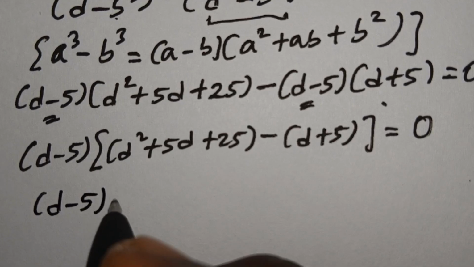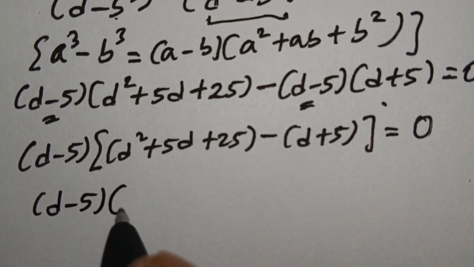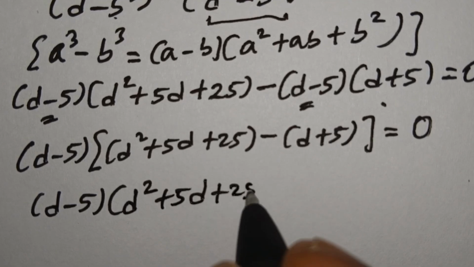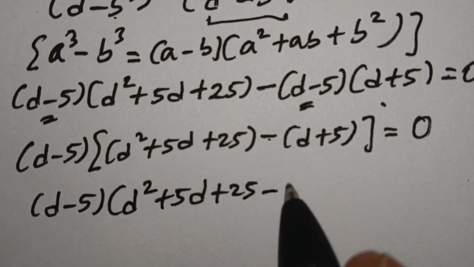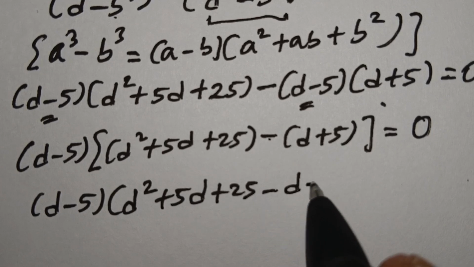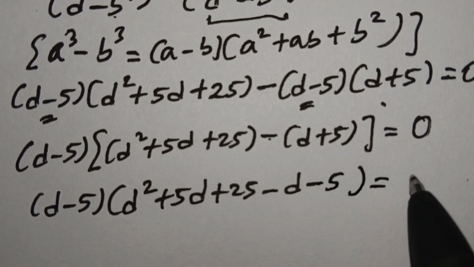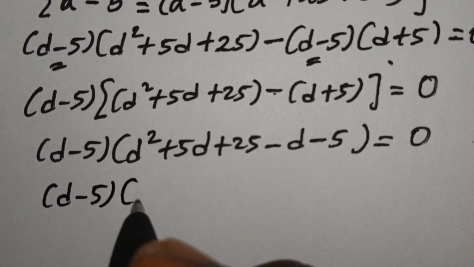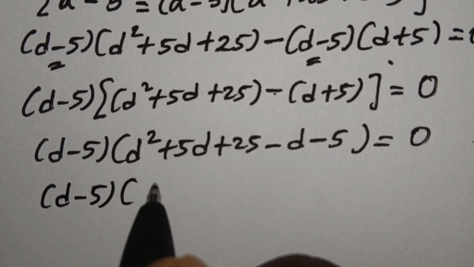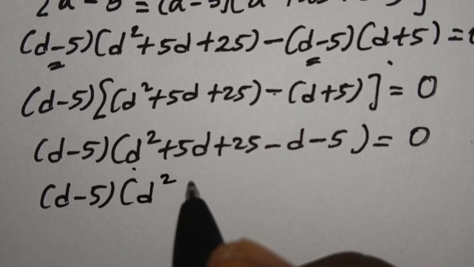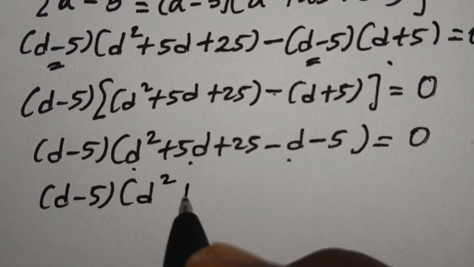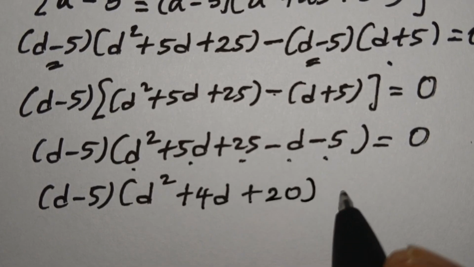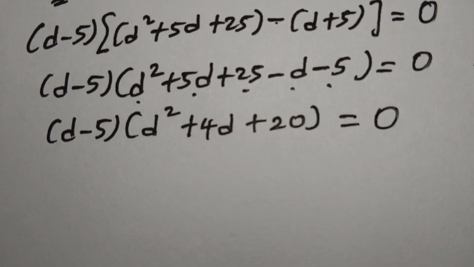D minus 5 times, let's drop this bracket, we have D square plus 5D plus 25 minus D minus 5 equal to 0. Let's continue. D minus 5 times, let us add the common terms. We have D square, 5D minus D, that is 4D, 25 minus 5, that is plus 20, equal to 0.